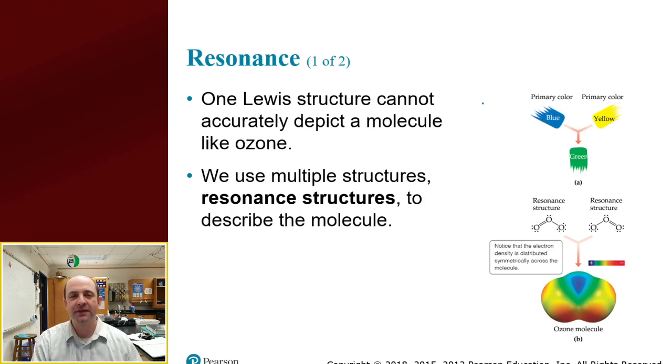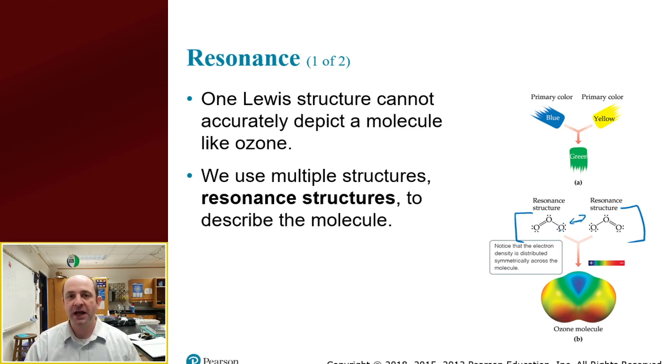So this made up thing is called resonance, where we say, hey, it's a combination, just like blue and yellow combine to make green. We could say, hey, in that last ozone, I put the double bond on the right-hand side. But I could also put the double bond on the left-hand side. I could have picked the other oxygen. There was nothing there. Well, these two together, going back and forth, are called resonance structures.